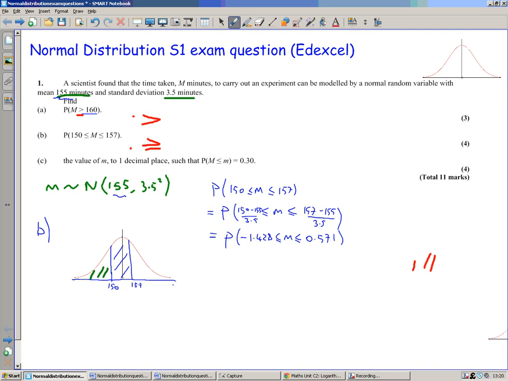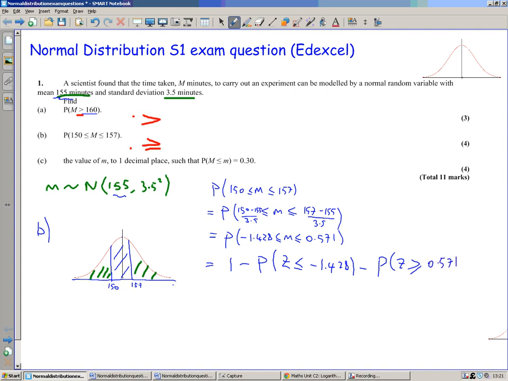Yeah, so you could just say it's 1 minus the probability that, and let's make sure our inequalities go the right way around, the probability that Z is less than or equal to minus 1.428, minus the probability that Z is greater than or equal to 0.571.